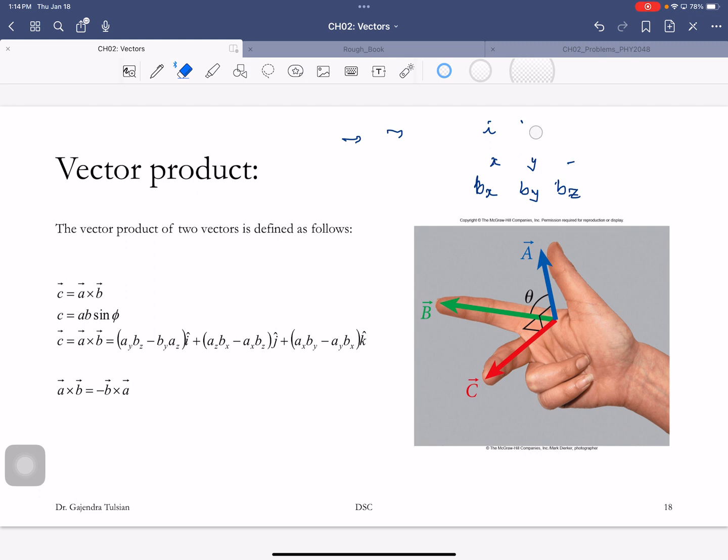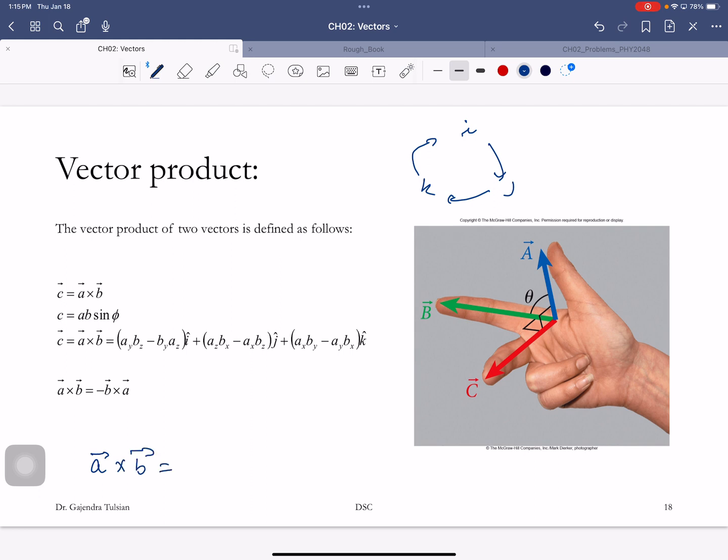Let me show you how to remember this. Let's draw I, J, K. So A cross B, when you're writing the x component, you're going cyclically.